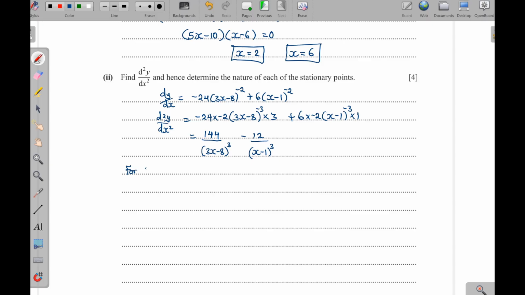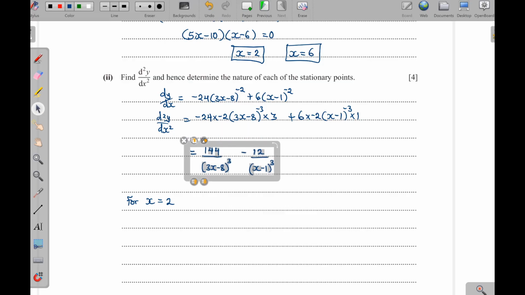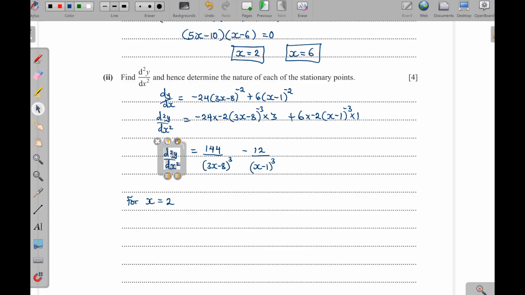Now for x equal to 2, we substitute in the expression of this one, and then after that we look at the sign of the second derivative. If the sign is a positive, then that means the stationary point is a minimum. If the sign of this second derivative is a negative, then the stationary point is a maximum. So what is our d2y dx squared here?